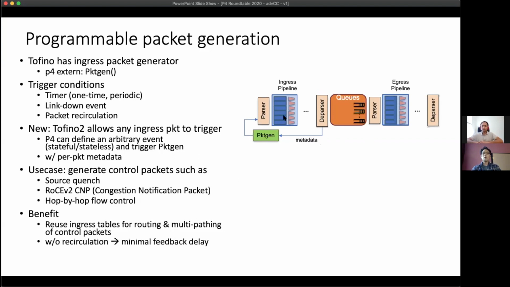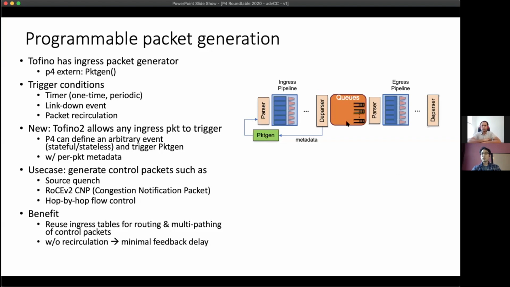And using this packet gen engine enables us to inject the new control packet directly in the parser of the ingress, so that you can reuse the ingress tables for routing and multipathing. Of course, you can do something like multicasting or mirroring.